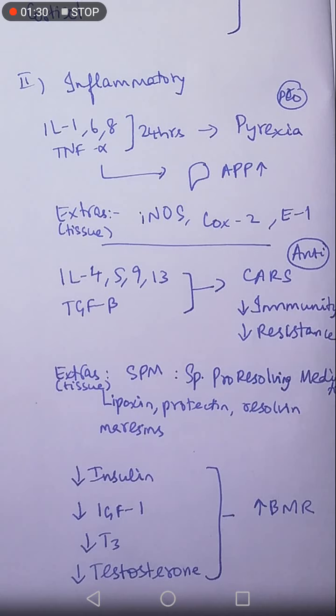That happens for a period of 24 hours, during which there is pyrexia. All these cytokines will increase the APP, the acute phase proteins, from the liver. Extra things which occur at the tissue level are iNOS, COX-2 and endothelin 1. All these take part at the local tissue level.